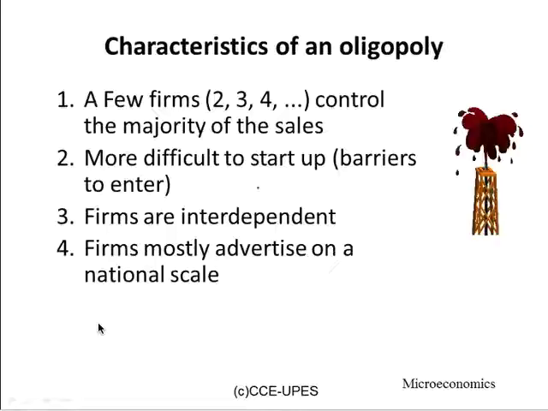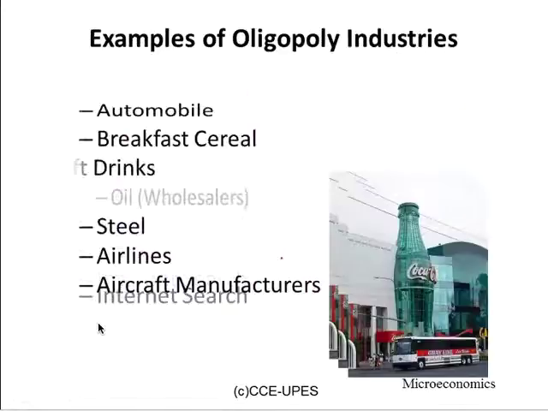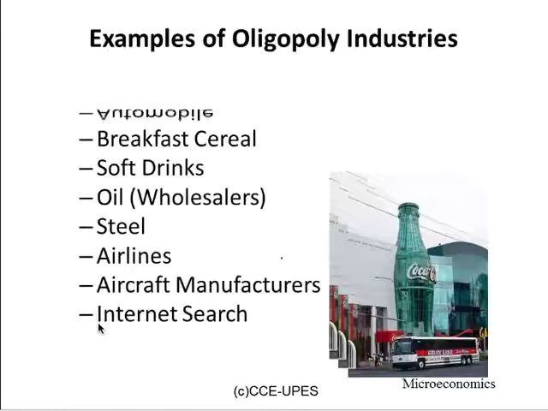Firms are interdependent, in that price changes by one will affect the others, and they may react by cutting down the price further. So mostly the firms in an oligopoly advertise on a national scale. Examples are soft drinks, steel, airlines, aircraft manufacturers, internet search.